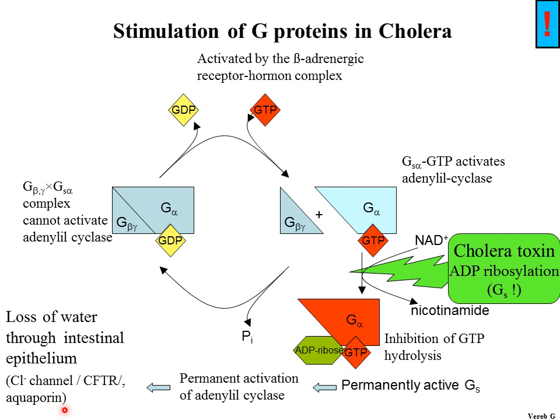So it will cause a chloride efflux from the intestinal cells into the lumen of the intestine, and through aquaporin water channels, water will passively follow, and thereby the body loses salty water, which causes diarrhea, and it must be treated.